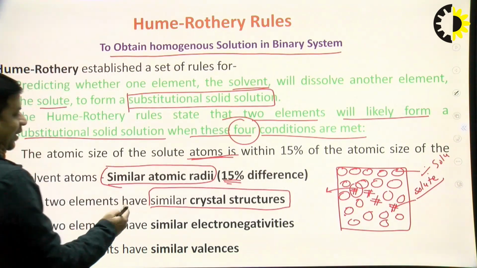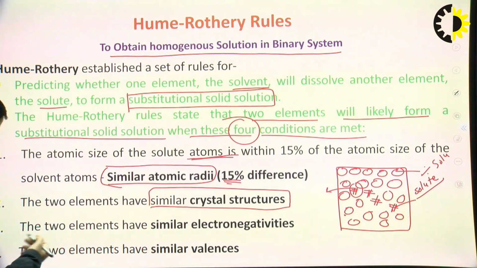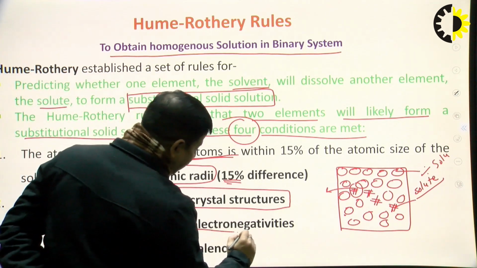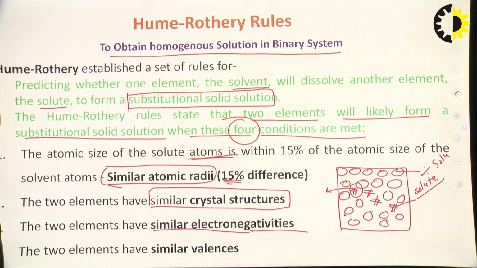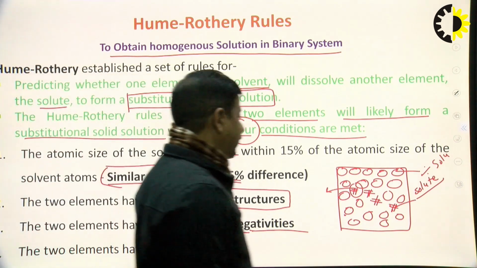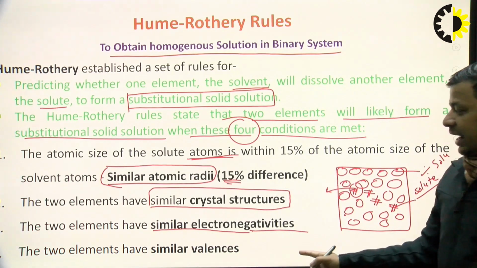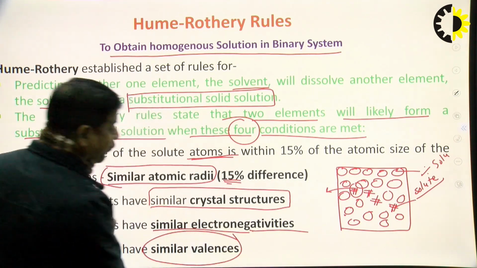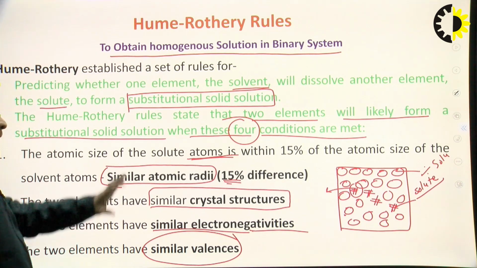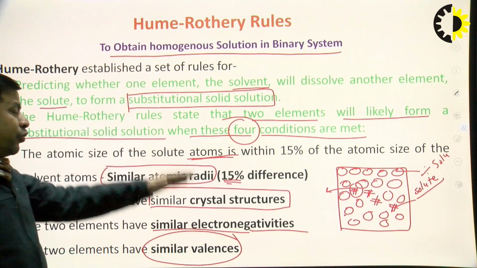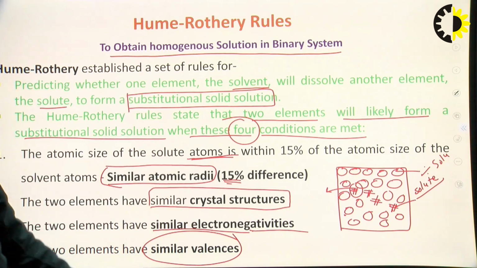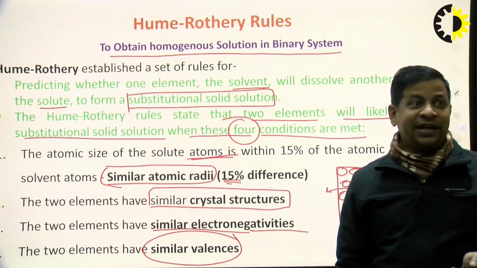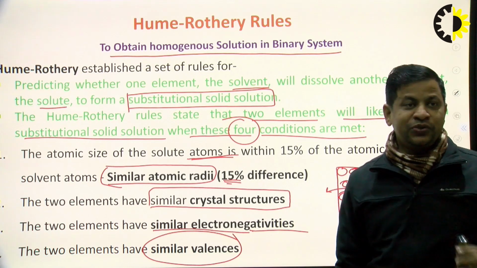So this is the second rule that we have to take care of. Next, these two elements must have similar electronegativities, which we will discuss shortly. And the last one is that these two elements must have similar valencies. This is the fourth rule. We have to check both elements on these four criteria. If they fit properly, it means we are going to get a homogeneous solution in a binary system, or a perfect substitutional solid solution.